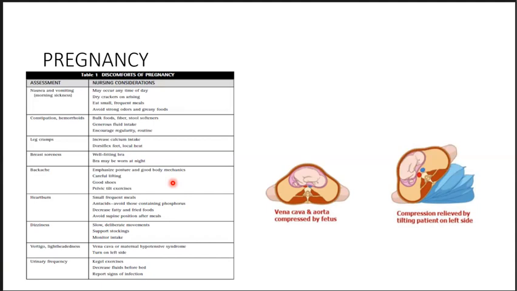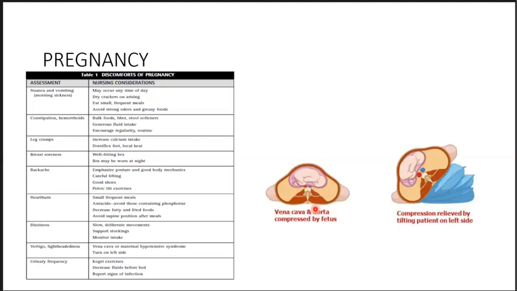You also need to educate her on maternal hypotensive syndrome, or what we refer to as supine hypotensive syndrome or compression syndrome. This is caused when the gravid uterus compresses the inferior vena cava. So the inferior vena cava and the aorta is compressed by the fetus when the mother lies supine.